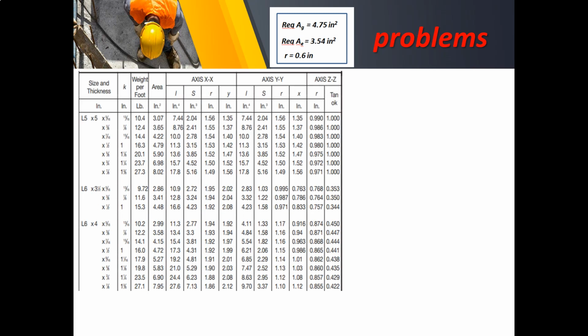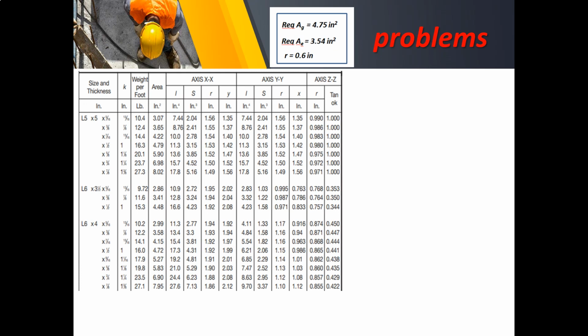From the table, we can now see various areas. Of course, on the fourth column of our table, we should seek an area that is nearest to 4.75 square inches.